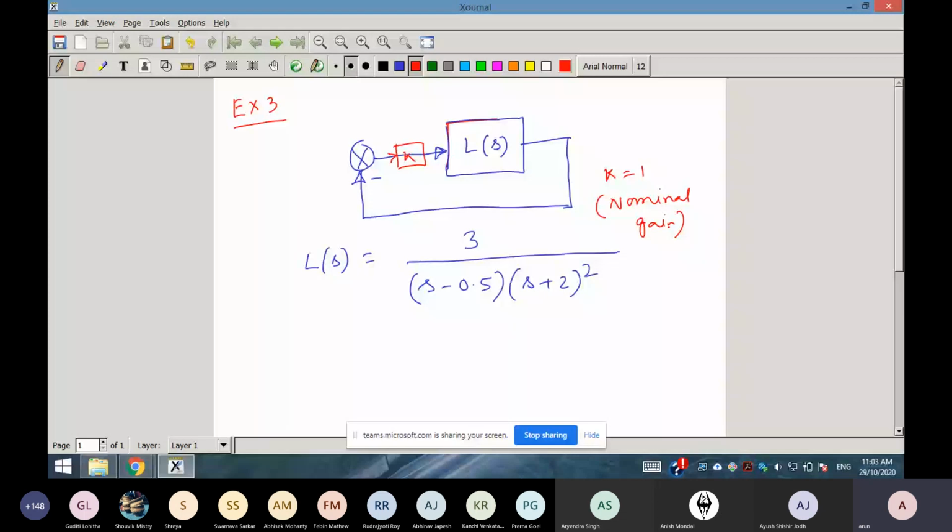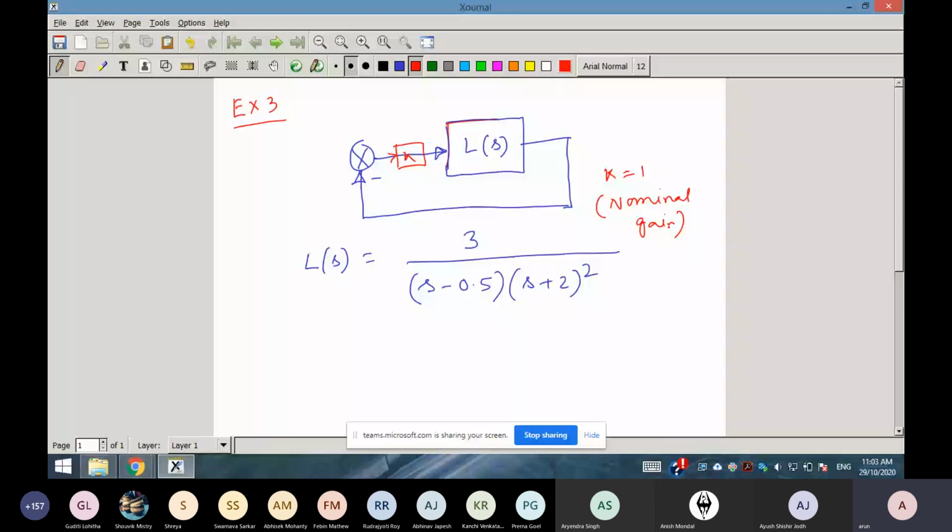For determining gain margin, I can increase K from 1 to K max. That K max will give you the upper side gain margin, and I can reduce K from 1 to K min, and that K min will give you the lower side gain margin. Okay.